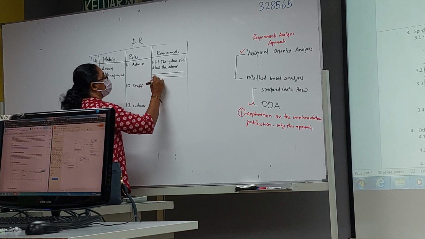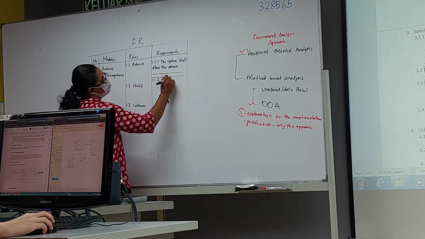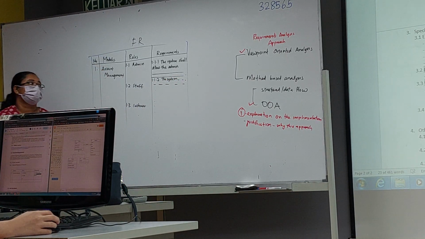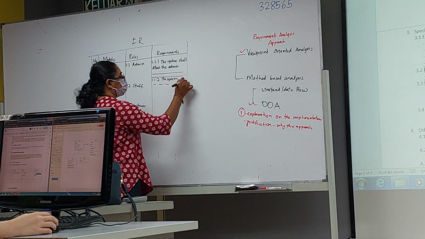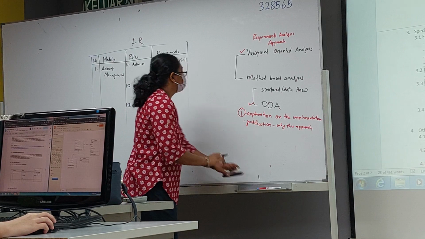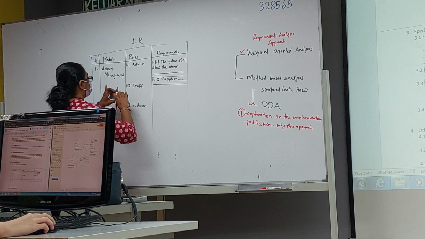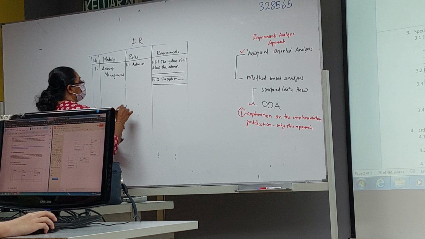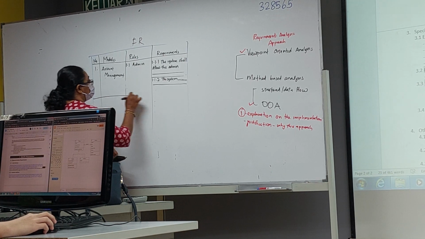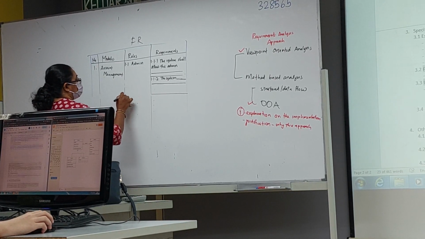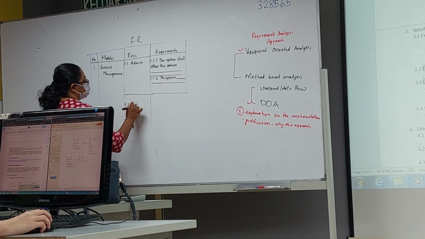Then 1.1.2, the system shall allow this. If it is the same requirement, you can put them together. When I give different numbering, what I'm trying to say is they are different. Then 1.2 is staff, for example.